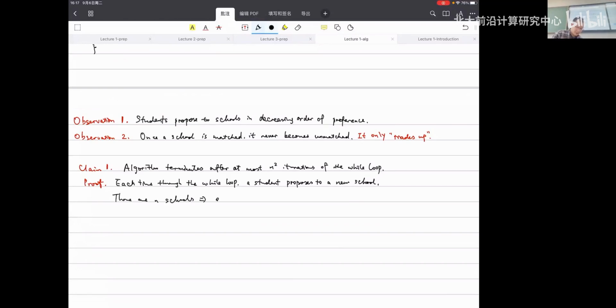So each student goes through the while loop for at most n times. And there are n students, which suggests that the number of iterations is going to be smaller than n squared. Any questions?